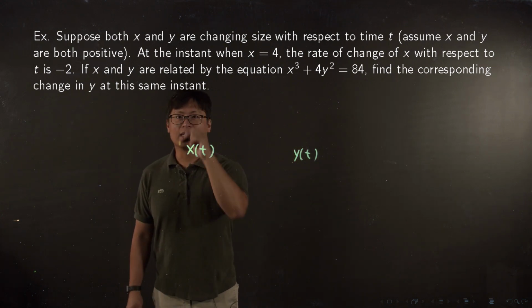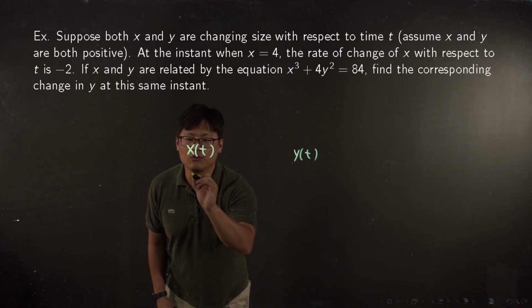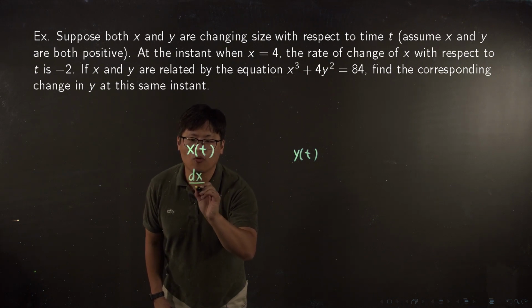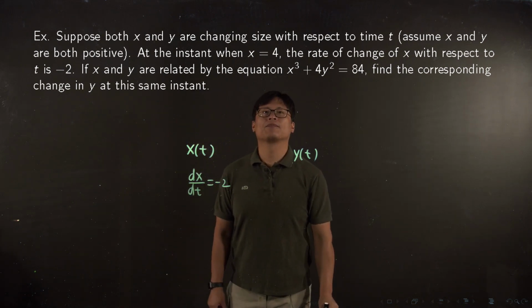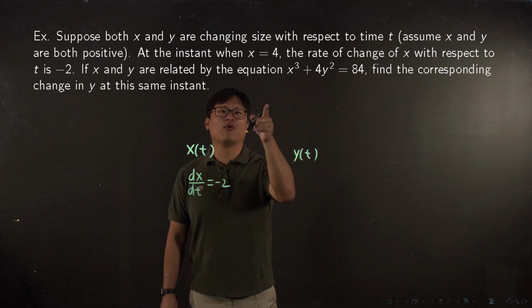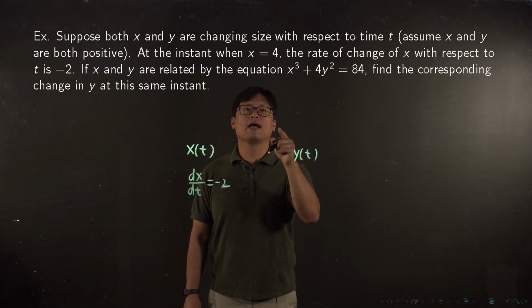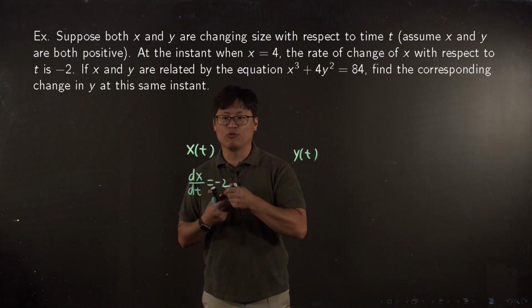And then the second sentence. They said the rate of change of x with respect to t is negative 2, right? So which means dx over dt is equal to negative 2, okay? And then look at that. The related by the equation x cubed plus 4y squared equal to 84. So I can say that is the bridge equation, okay?